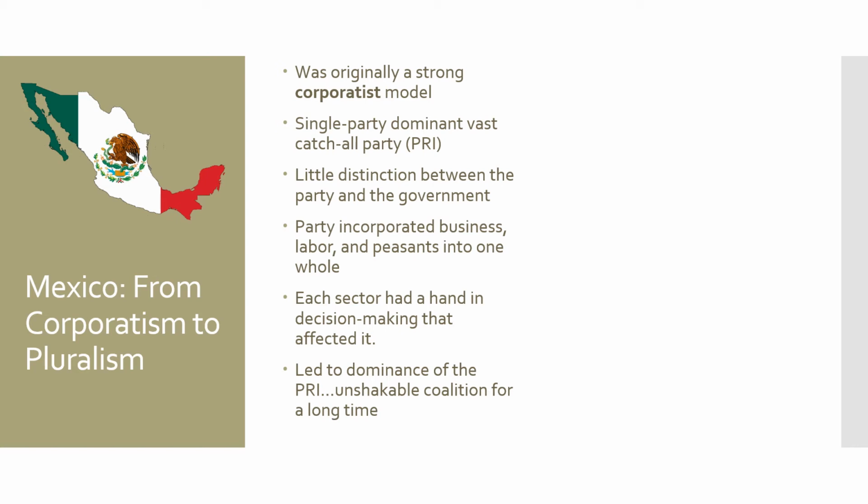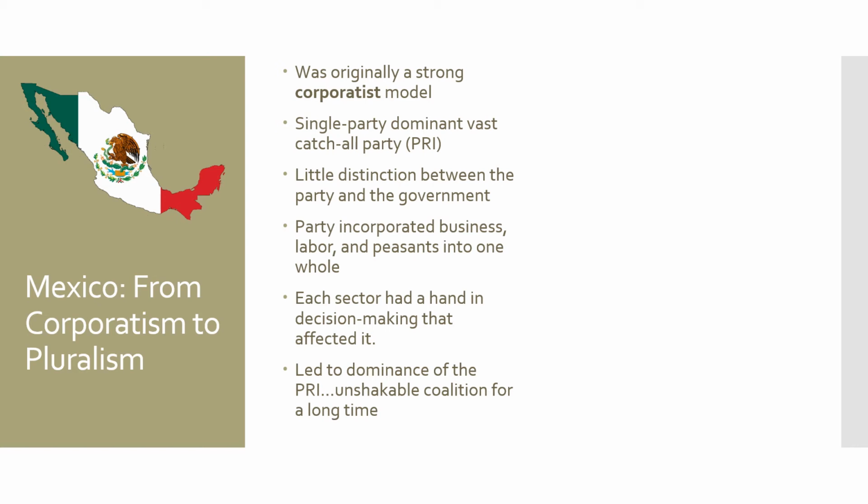For the party to stay in power, it incorporated these interests in society. It incorporated business, labor, and peasants into a giant whole. And it wasn't just the party; the party shaped the government, and so the government also incorporated these interests.